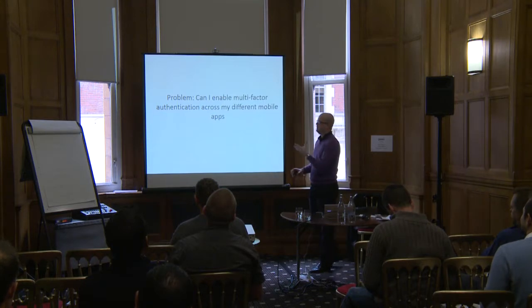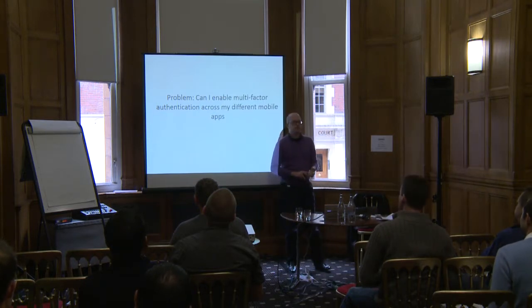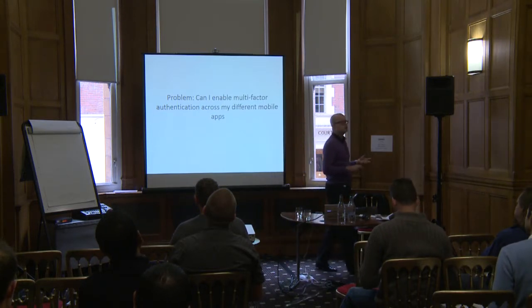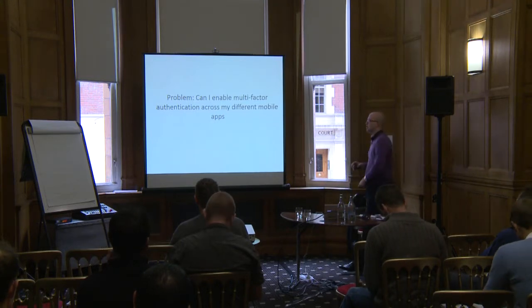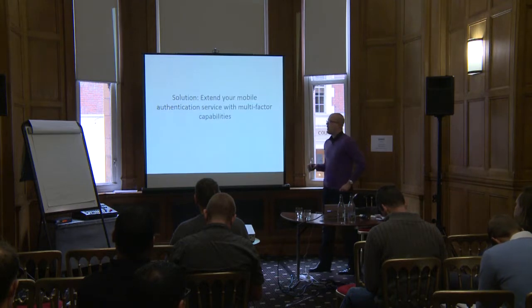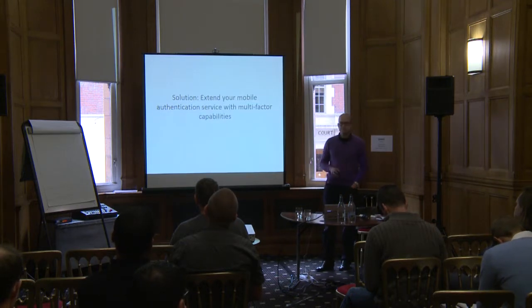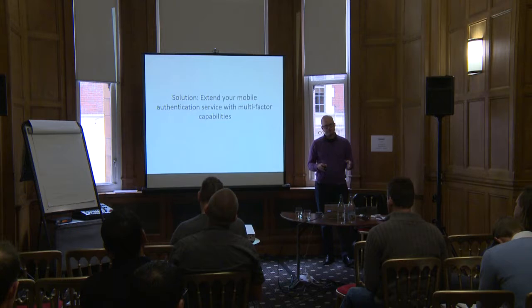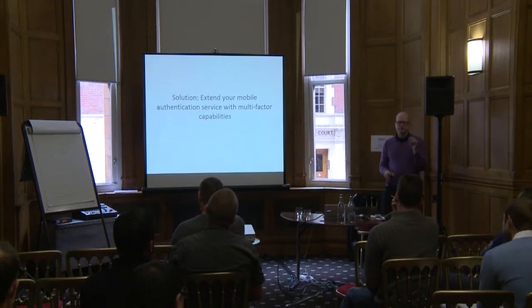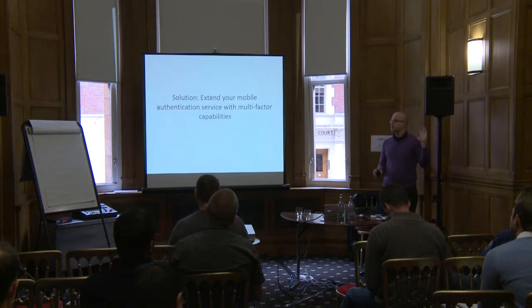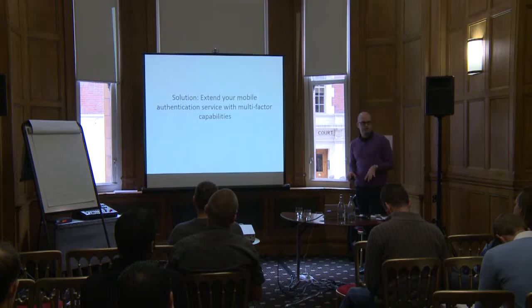So another problem that companies normally face is, how do I enable dual-factor, multi-factor authentication across different mobile apps? And the answer for that is, once you build your authentication service, just use an extensibility point that does dual-factor. There are 1,000,001 services out there for doing dual-factor authentication.